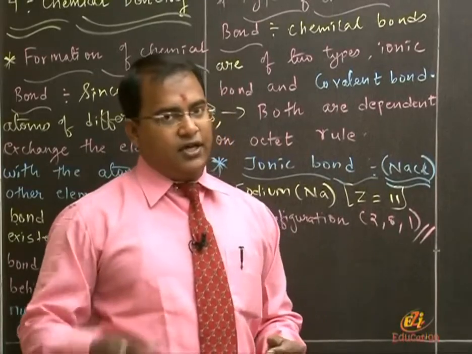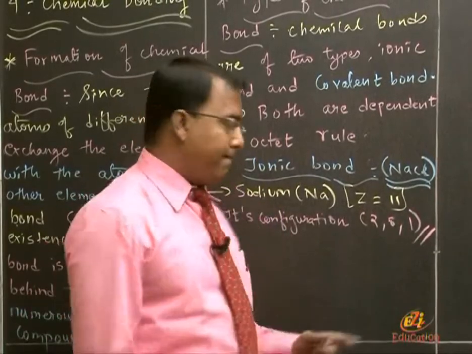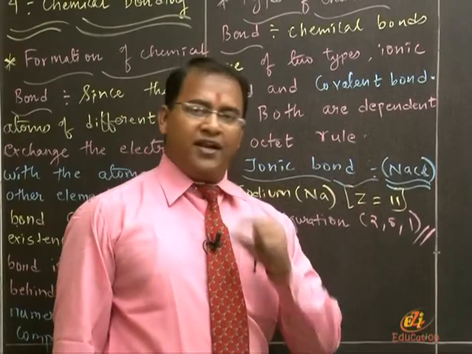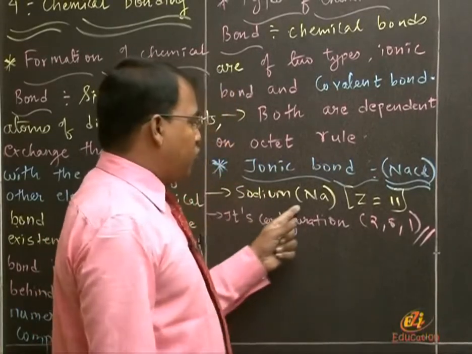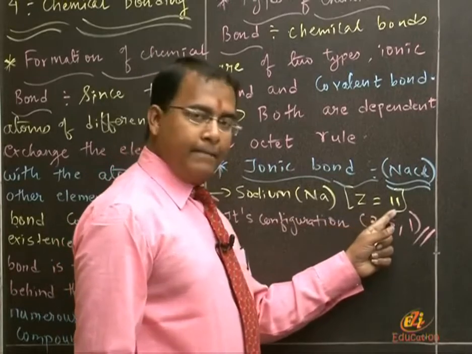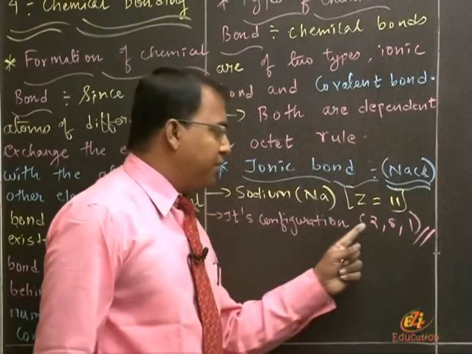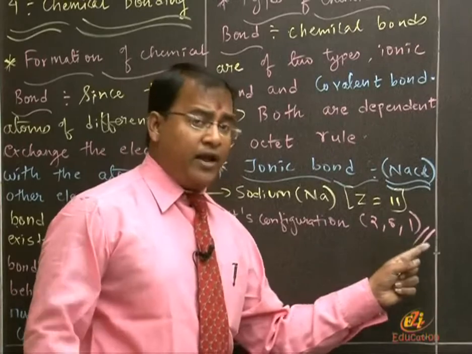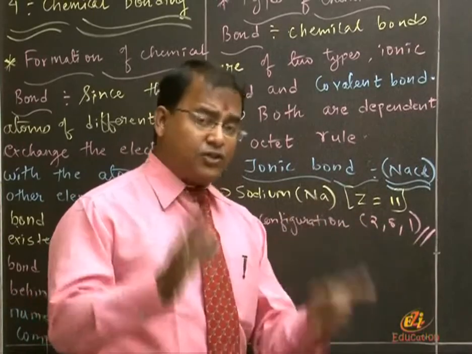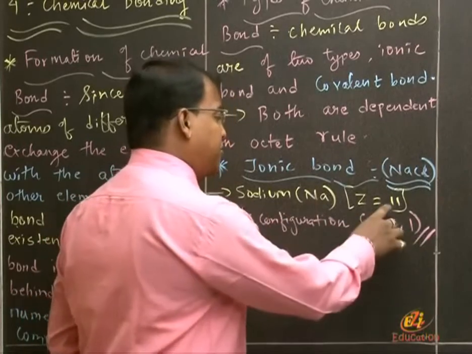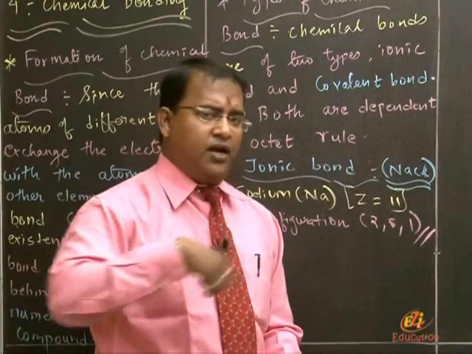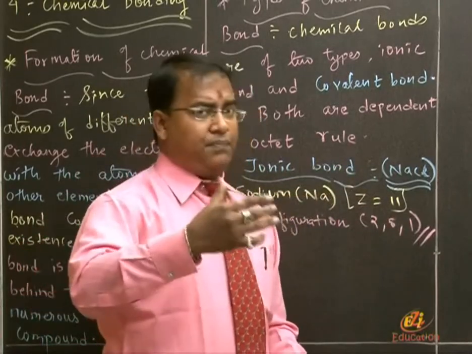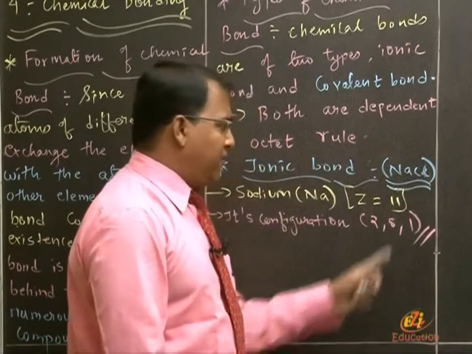In that process, it will lose 1 electron. Sodium, Na atom, this is the atomic number of sodium, 11. So its electronic configuration will be 2, 8, 1. I repeat, since its atomic number is 11, the distribution of electron in the first orbit will be 2, completely filled, 8, completely filled, and in the third orbit, it will have 1 electron.